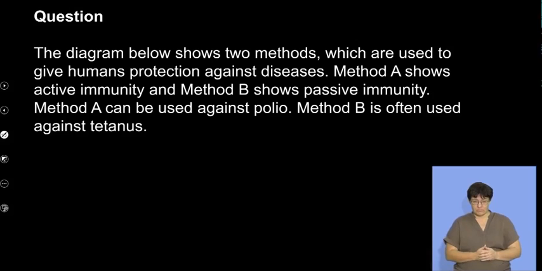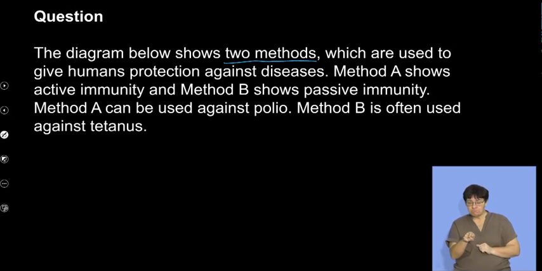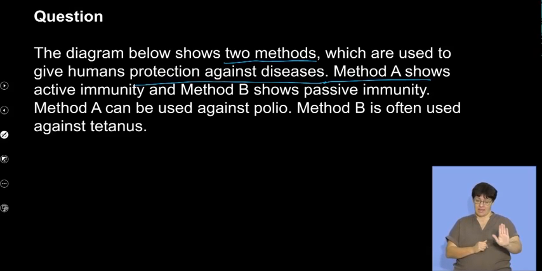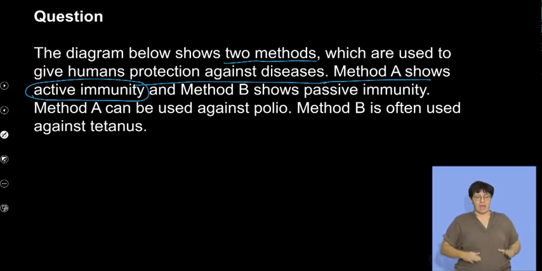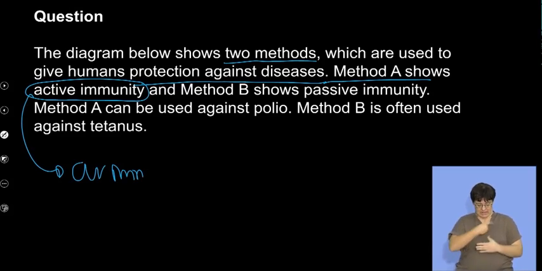The diagram below, on the next page, shows two methods which are used to give humans protection against diseases. Very important now. Method A shows active immunity. Active immunity is when our immune system needs to do its job.